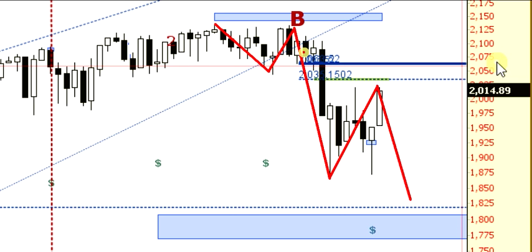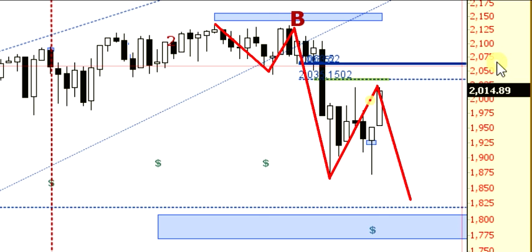Okay, so the market advances. What it says is market advances in 5 waves in the direction of the larger degree trend, and it corrects in 3 waves.